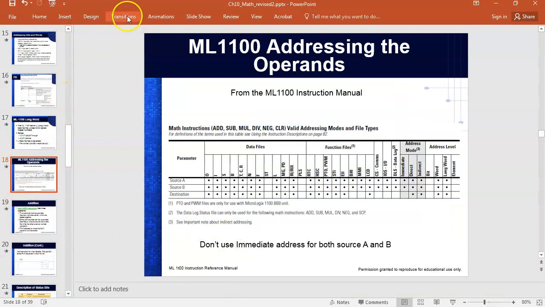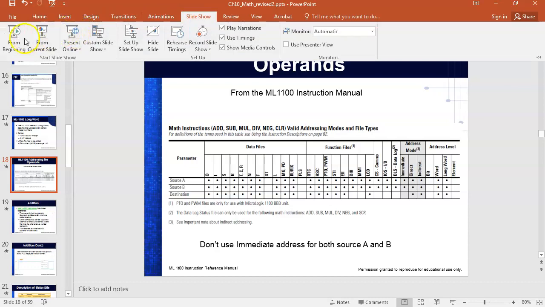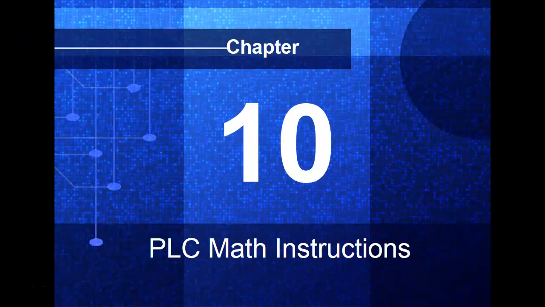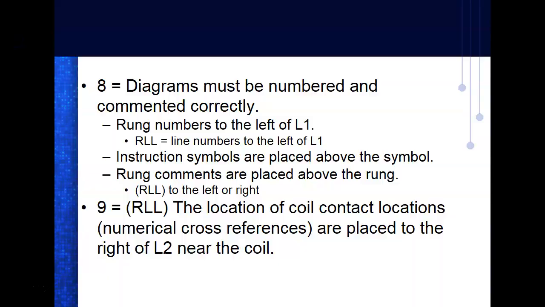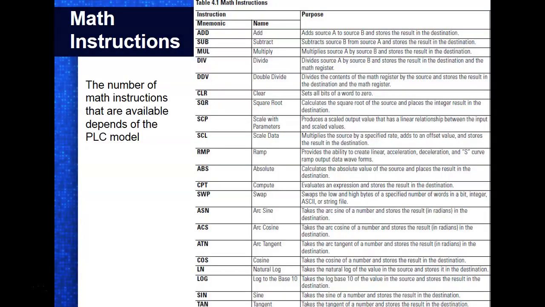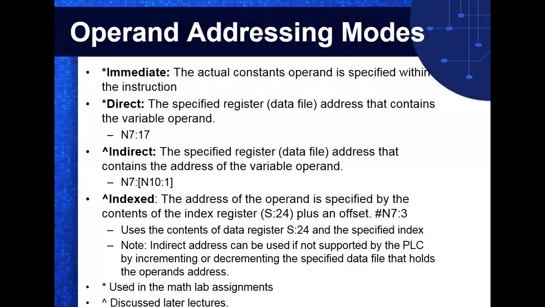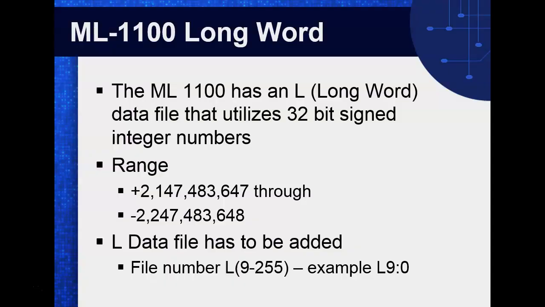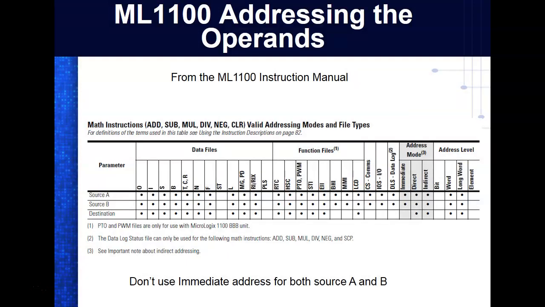So the information that we're adding and subtracting and multiplying, where can it come from? Well, it could come from an output, an input, the source file, the bit file, your timer accumulator, timer preset, counter accumulator, counter preset.